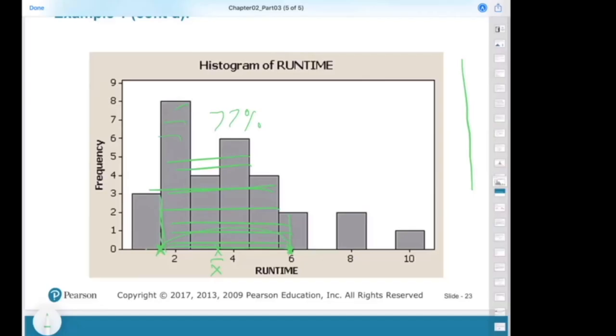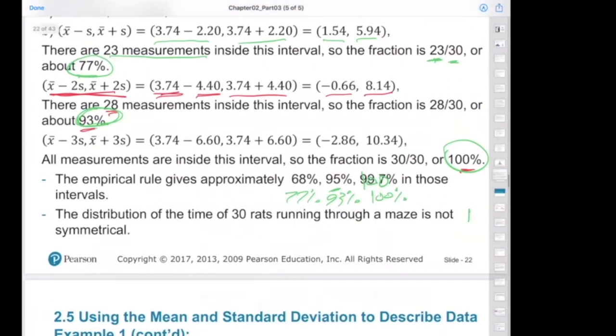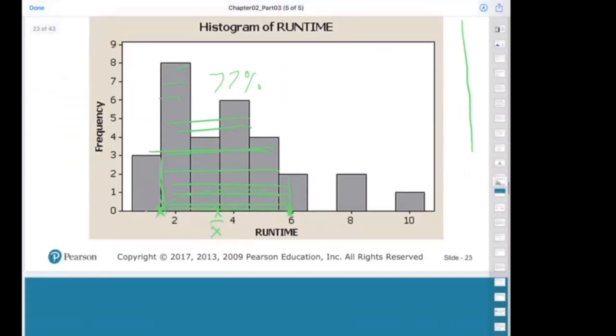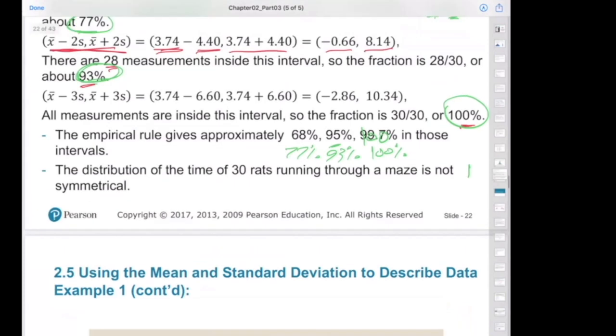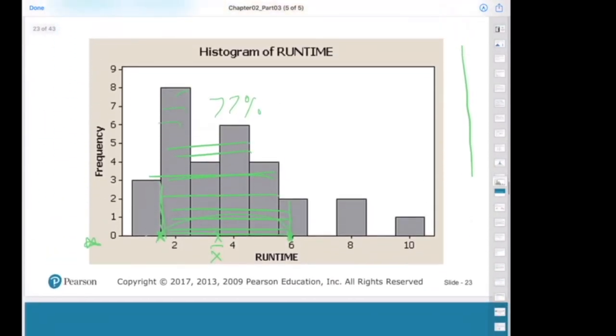And if you do that again for the second interval, of course, we have negative 0.66. Negative 0.66, of course, will be before 0, or somewhere here. And the upper limit is 8.14, say it's here.